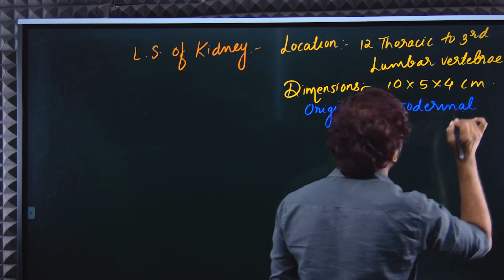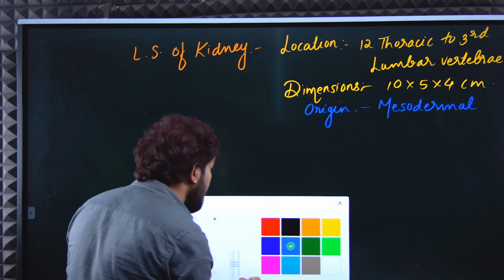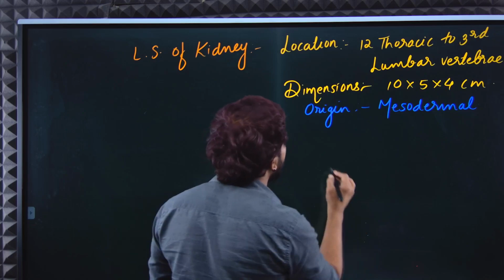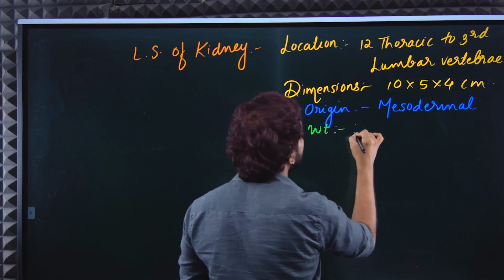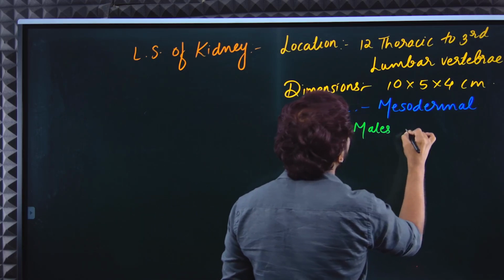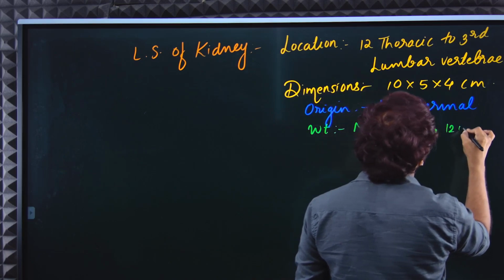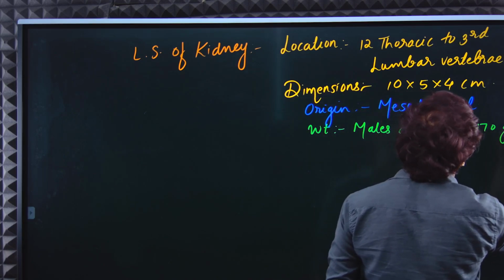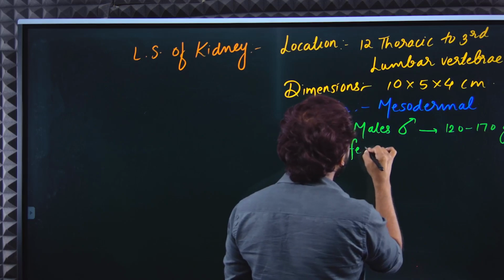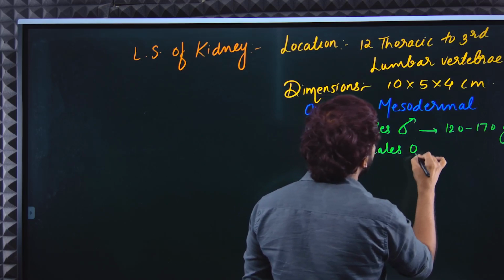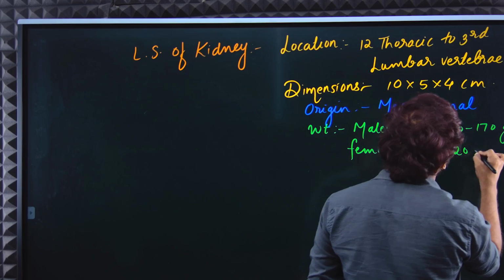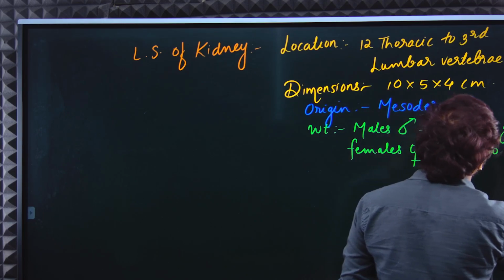When it comes to the weight of kidneys, in males it is 120 to 170 grams, and in females the weight is 120 to 140 grams.